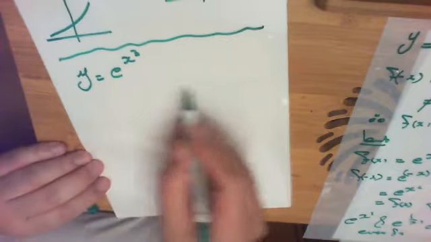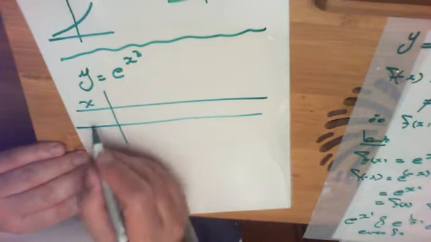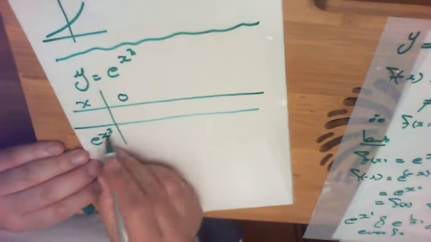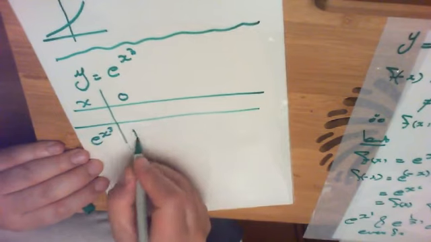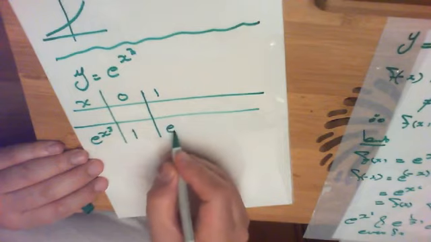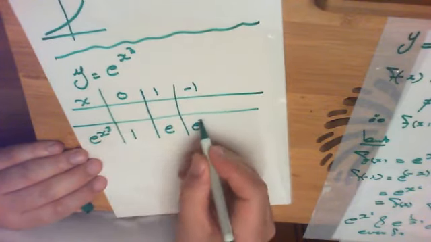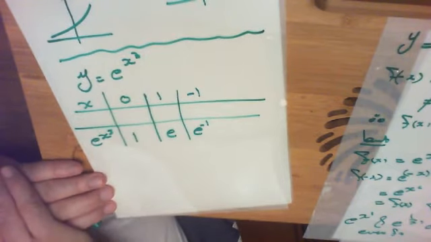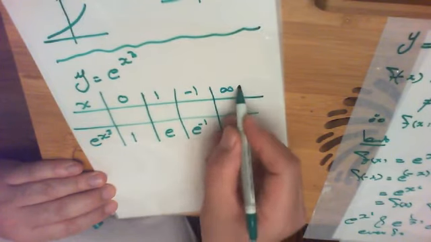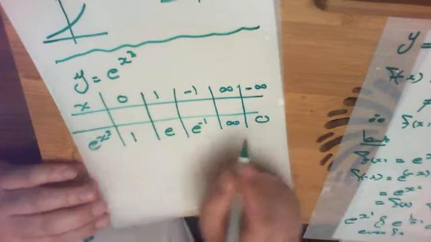If we have x and e to x cubed: at 0, this function is 1. At 1, this function is e. At minus 1, this function is e to minus 1. At infinity, this function is infinity. At minus infinity, this function is 0.